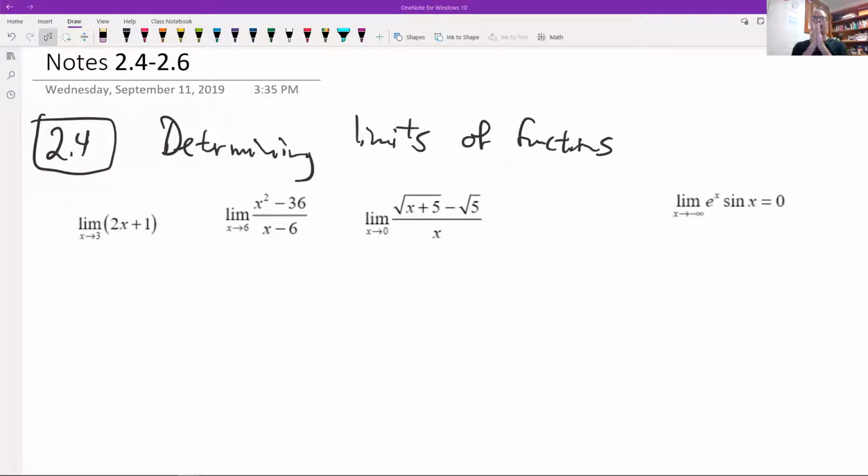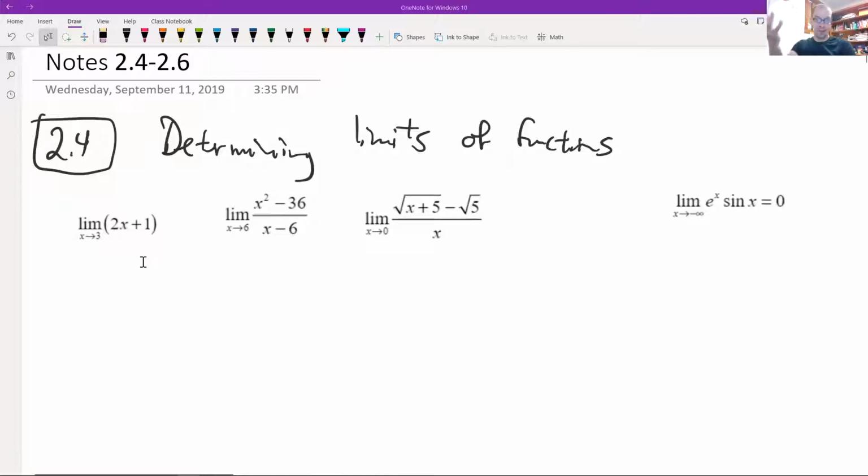Okay, section 2.4, determining limits of functions. Here I have assembled 4 different functions that we might want to find the limit of, and they are ranked in order of increasing difficulty. The first one, we're looking at 2x plus 1. That's just a line. You can plug values into lines and get y values, and things work out pretty well.